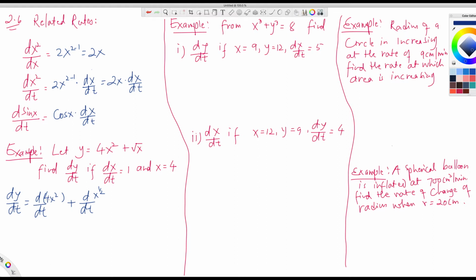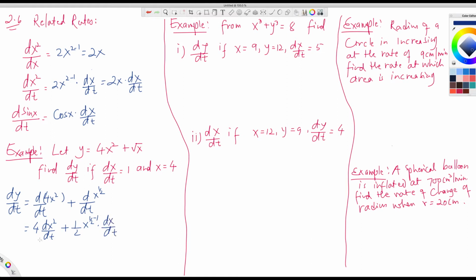For the first term, the 4 comes out, so it is 4 times dx squared over dt. Plus, what is the derivative of x to the 1/2? There is no x in the denominator, so you use the power rule: 1/2 x to the 1/2 minus 1, times dx over dt, because they don't match.